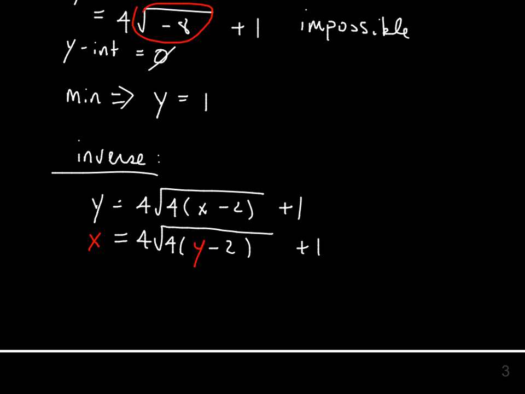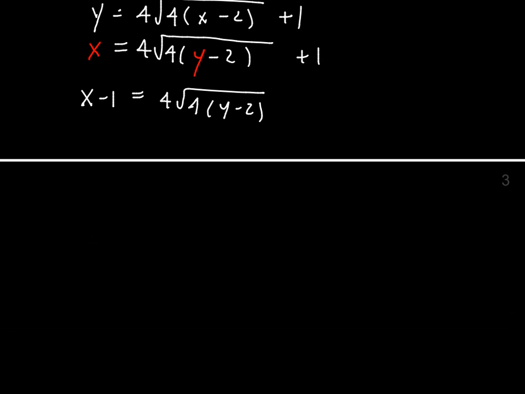So we bring the 1 to the other side. This gives us x minus 1 equals 4 root 4y minus 2. Dividing both sides by 4, I get 1 over 4 times x minus 1 equals the square root of 4y minus 2.